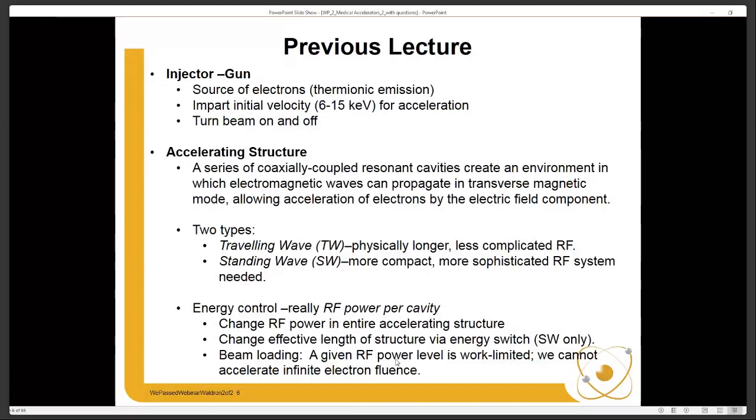We cannot accelerate an infinite amount of electron current with a given amount of RF power. Therefore, by loading or unloading the beam, the accelerating potential, with higher or lower electron current, we can raise or lower the final energy of the electron beam as it's leaving the accelerator. This is also known as the intrinsic energy.